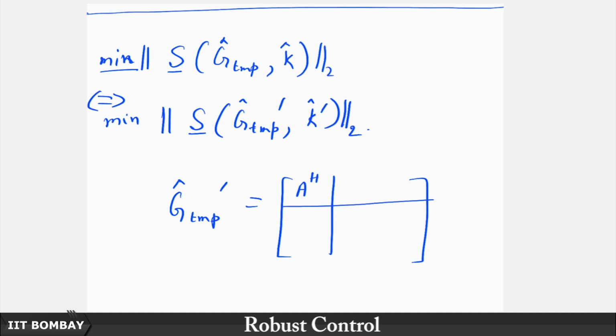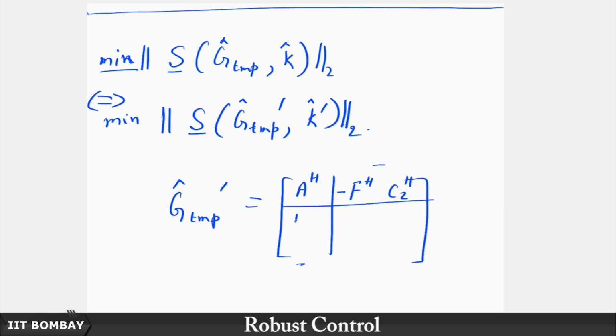Let me write it down, because that will make things clearer. We will have this as minus F Hermitian, C2 Hermitian. Notice that in the original G hat TMP we had minus F and C2 in this vertical channel, so we are just putting it above there. We are just flipping the B and C.